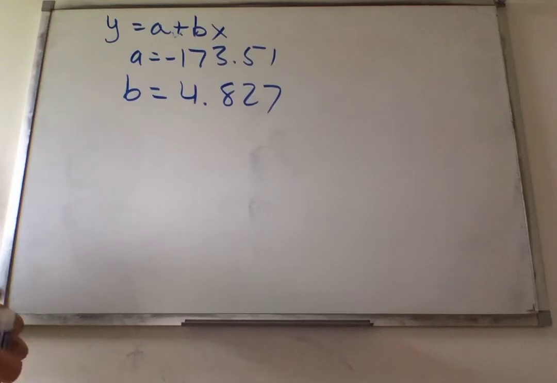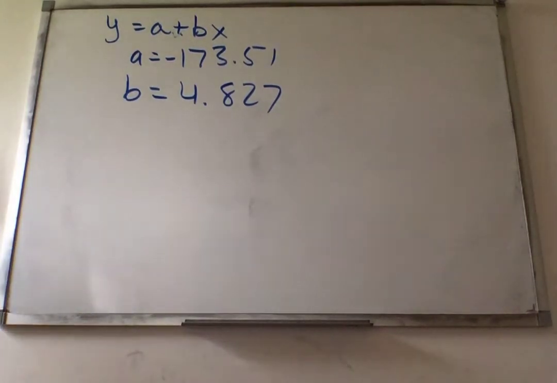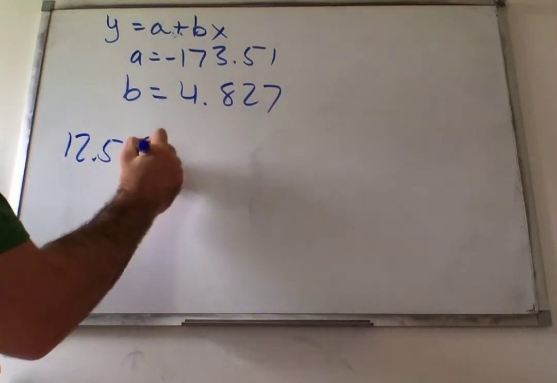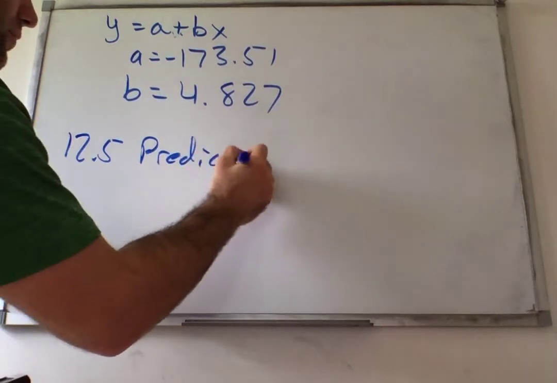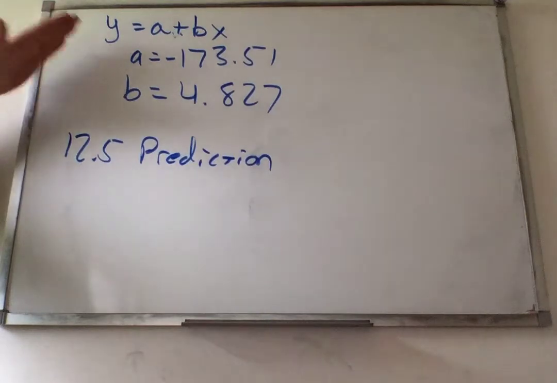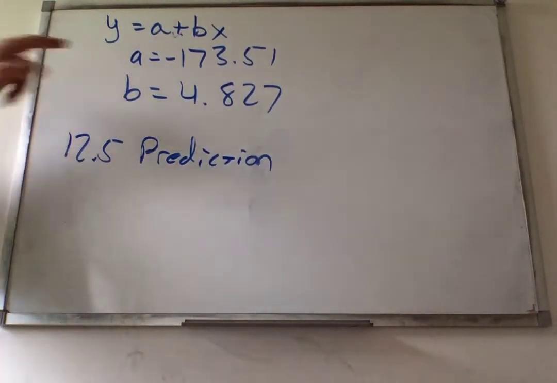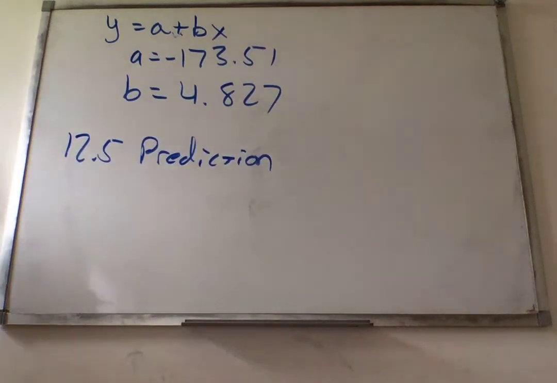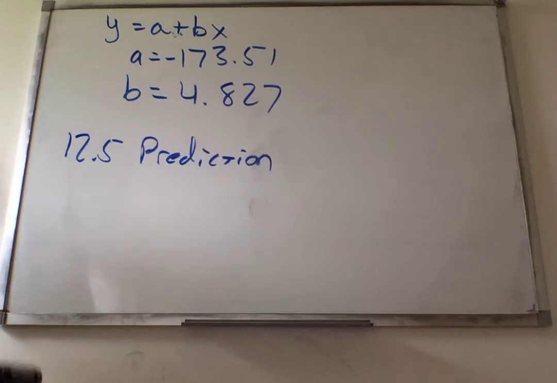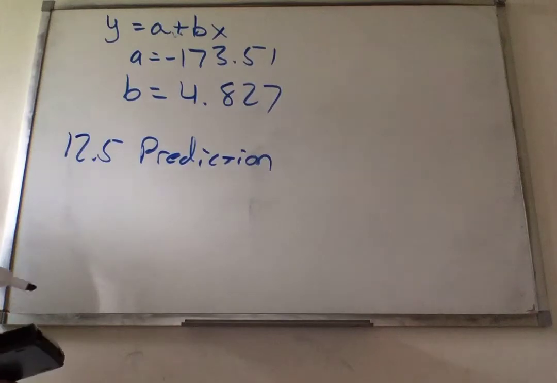So this would lead into section 12.5, prediction. So I'm going to do it right now, 12.5. Prediction. If your regression equation is statistically significant, you could use it to predict values within the range of your smallest x value and your largest x value.